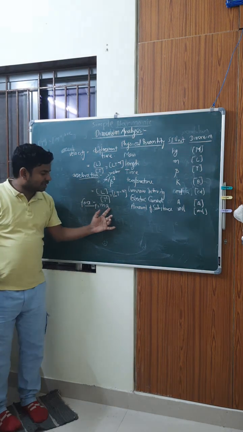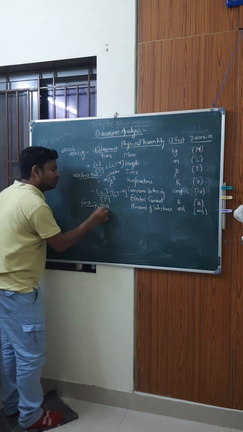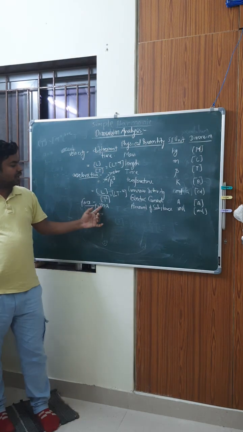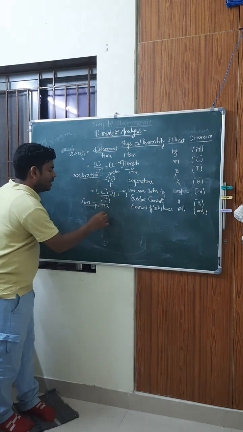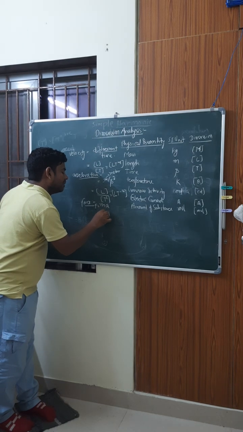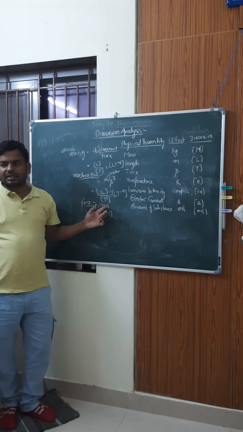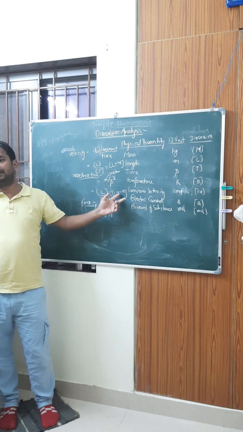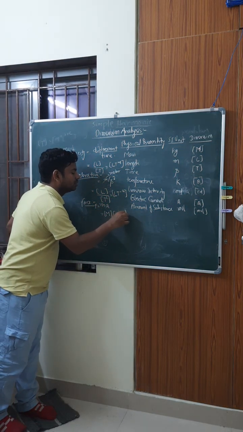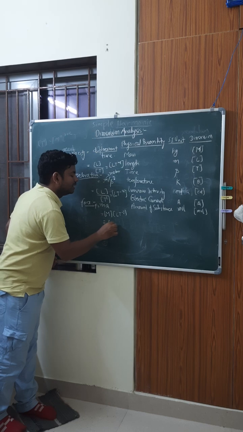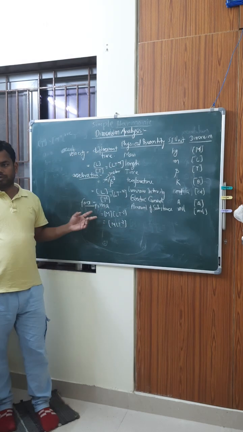So to write the dimension of force, the dimension of mass is M, and the dimension of acceleration we have already derived, it is LT minus 2. So our dimension will be MLT minus 2. This is the dimension of force.